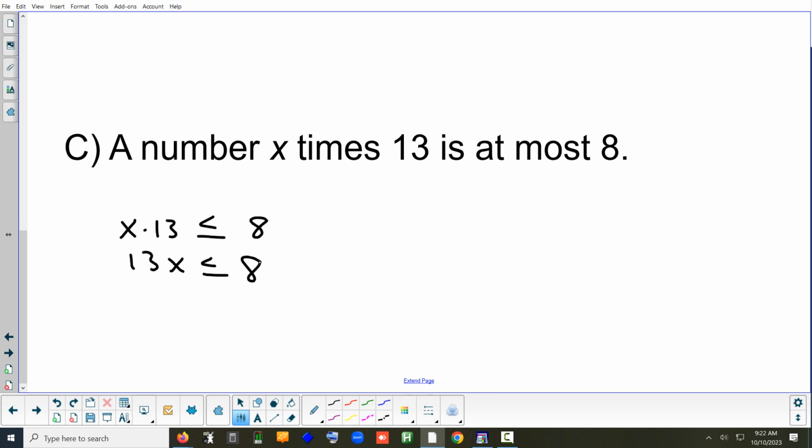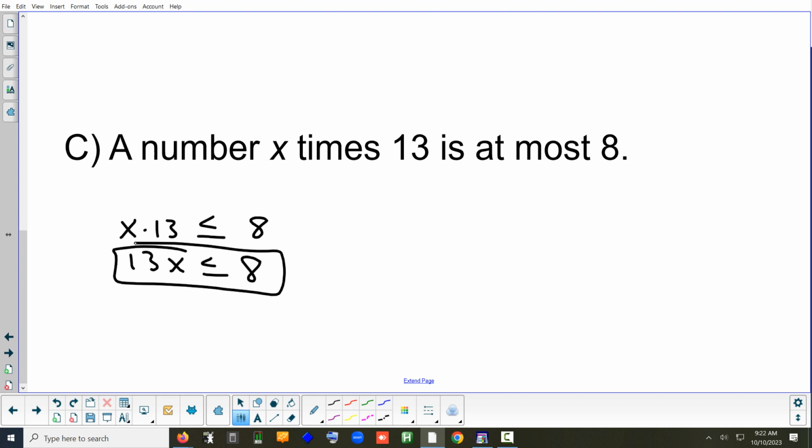Any question on that one? And what operation would we use if they asked us to solve it? Division. Yeah. Why did you switch the x and then 13 when you took away the multiplication sign? So when you multiply two things together, like 5 and 2 or 2 and 5, does the order you multiply them in matter?